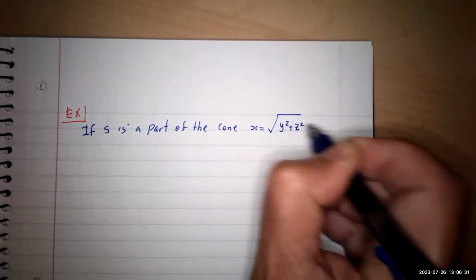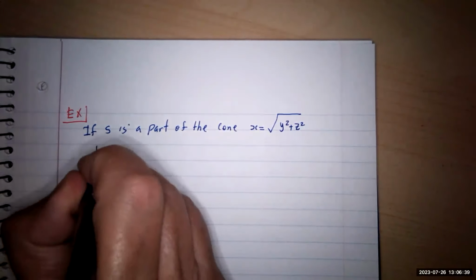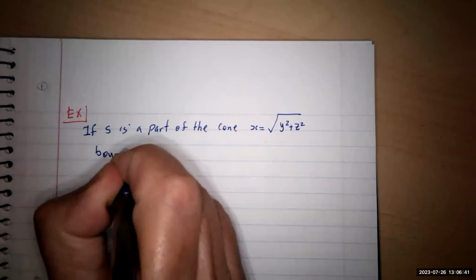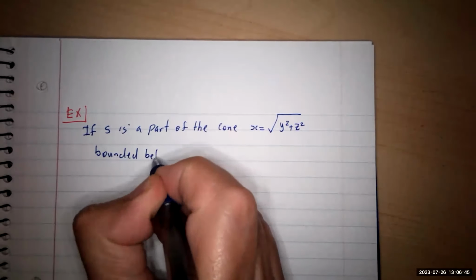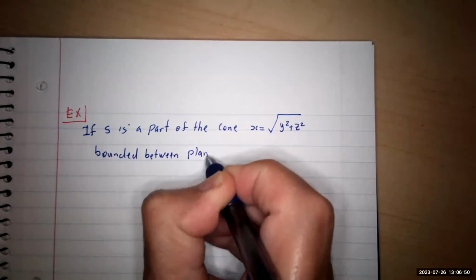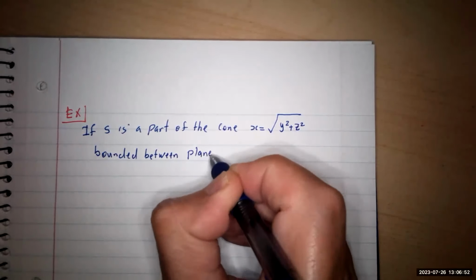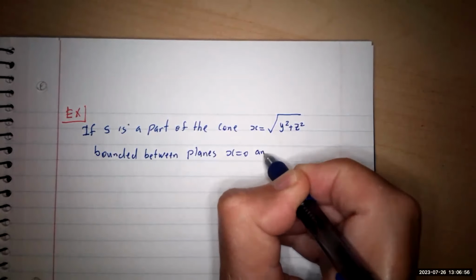You see the equation is given to you explicitly, directly. So it's good. So S is the part of the cone bounded between planes x equal to 0 and x equal to 1.